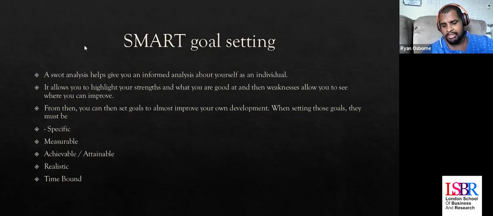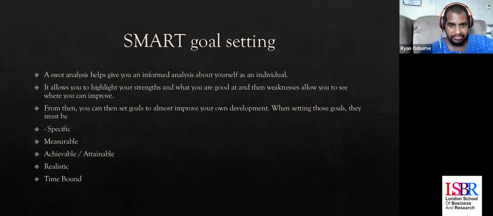So, SMART goal setting. We've looked at a SWOT analysis, and we said that a SWOT analysis helped give you an informed analysis about yourself as an individual.